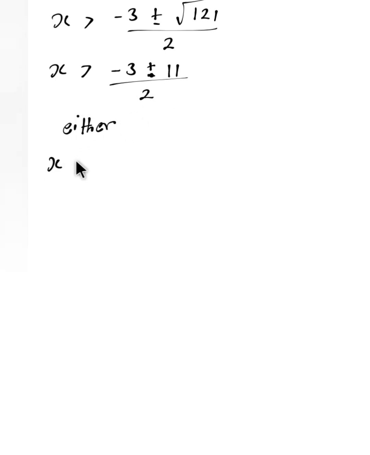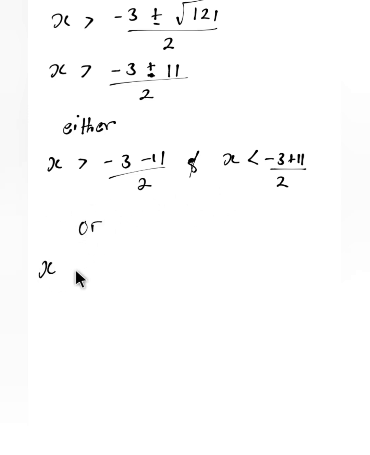Either x is greater than minus 3 minus 11 over 2 and x is less than minus 3 plus 11 over 2, or the sign will change. If this is greater, it becomes less than minus 3 minus 11 over 2, and x, the sign will also change, is greater than minus 3 plus 11 over 2. So it's either this one we hold at this point or this one we hold.